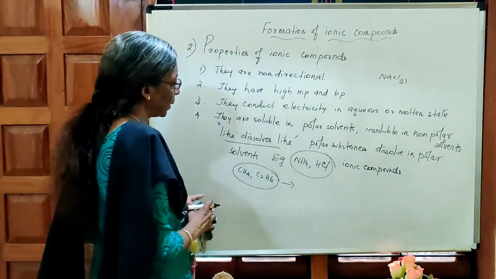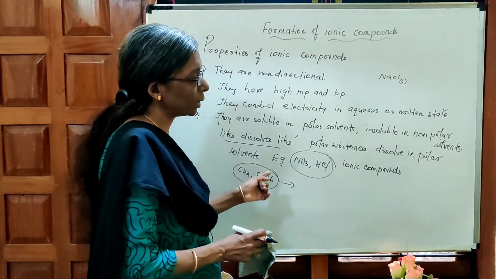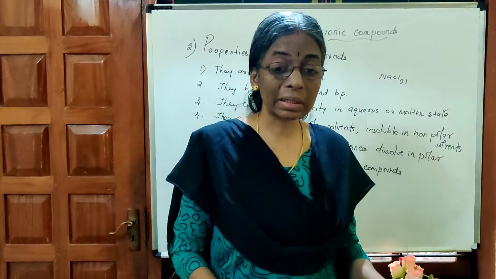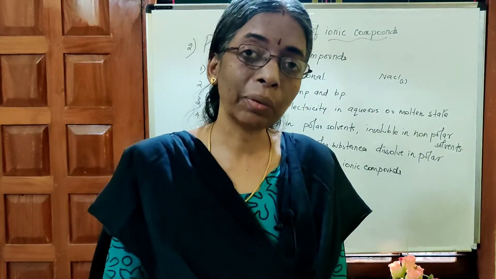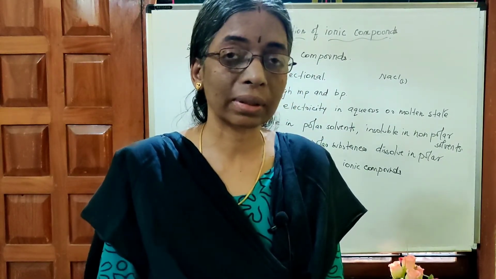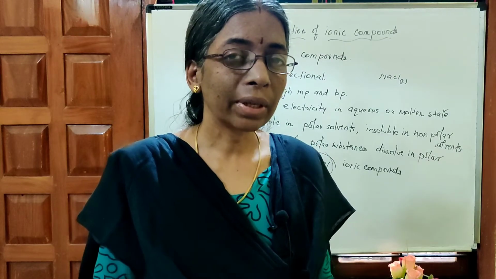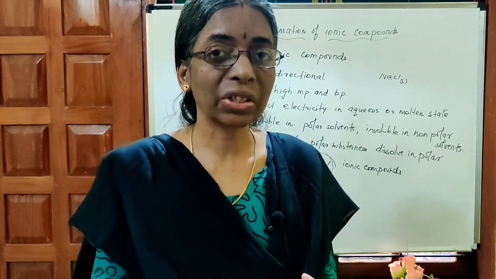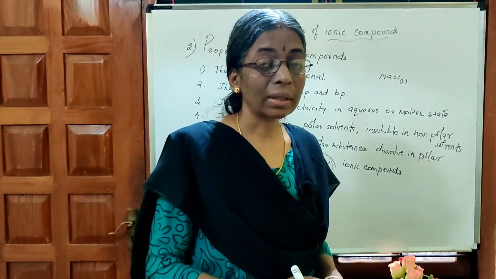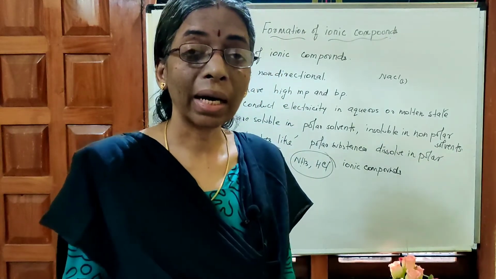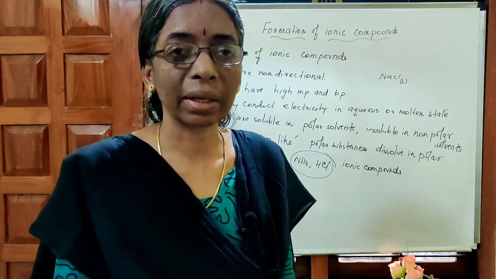I told you already, if you want to melt sodium chloride, you are separating the ions, because their force of attraction is very, very strong. As a result, you have to apply high temperature to separate these ions.